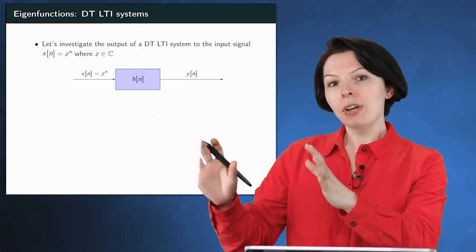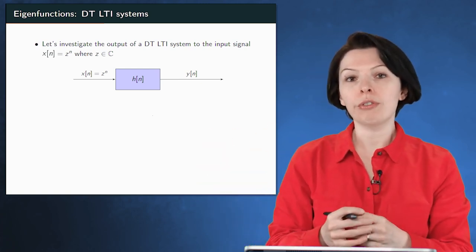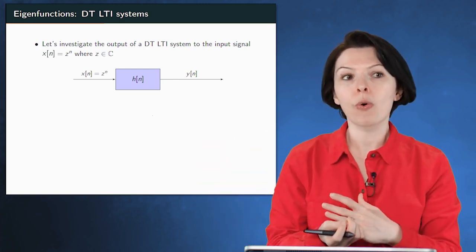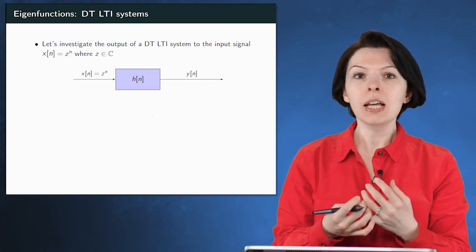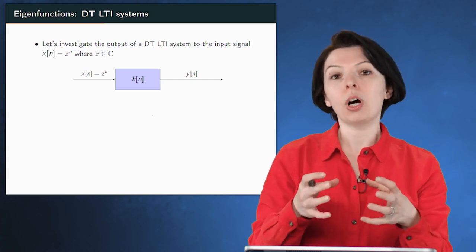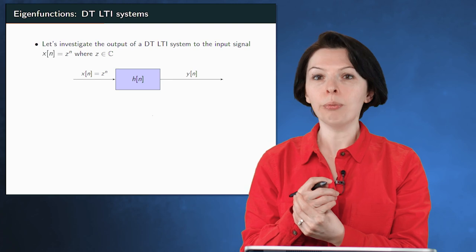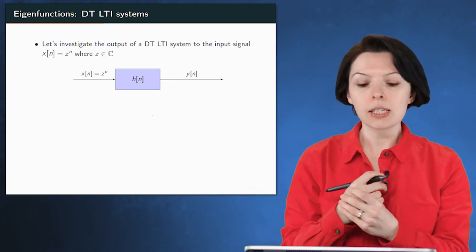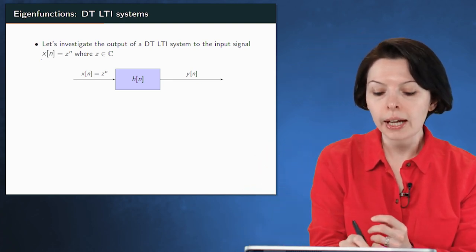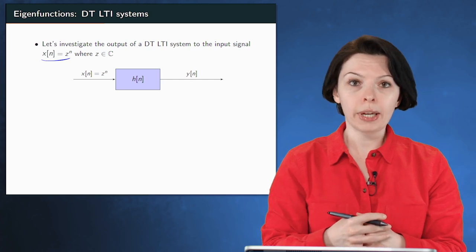All right, so now that we found these eigenfunctions for continuous time LTI systems, let's investigate the output of a discrete time LTI system for a special type of signal. The signal that we're looking at is z to the power of n.